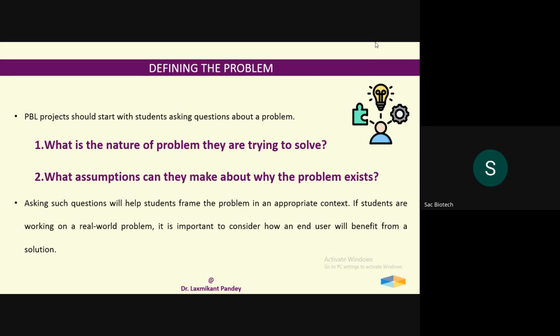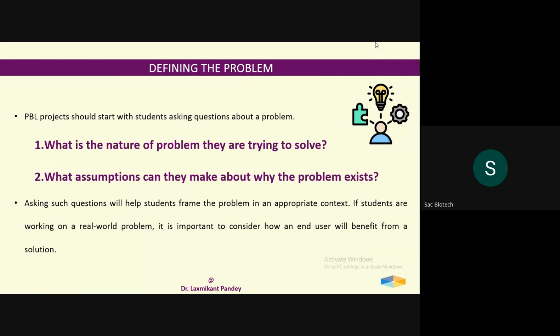Next: what assumptions can they make about why the problem exists? These 2 questions I have mentioned over here, and along with them, certain different questions can be asked by the students, so that they can understand how to define the problem. It's very easy if the student is looking around at the real world problems.